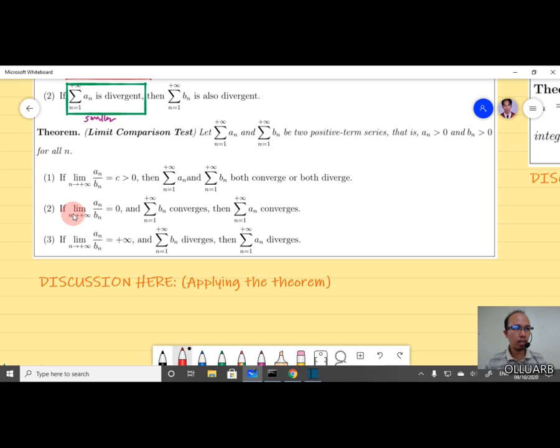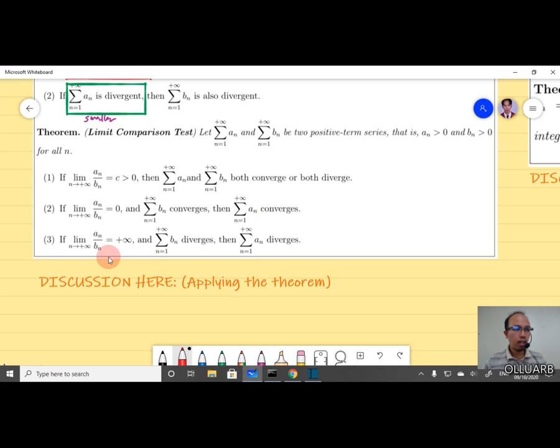For the second theorem of the limit comparison test, if the quotient of a sub n and b sub n as you take the limit is 0, and your b sub n, the series that you are going to find, is convergent, then the original series a sub n is convergent.